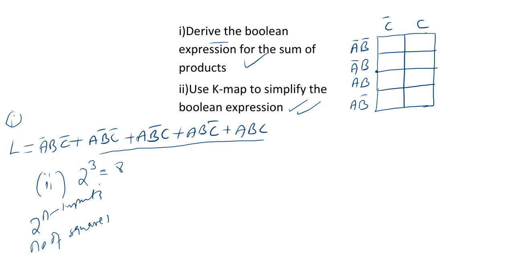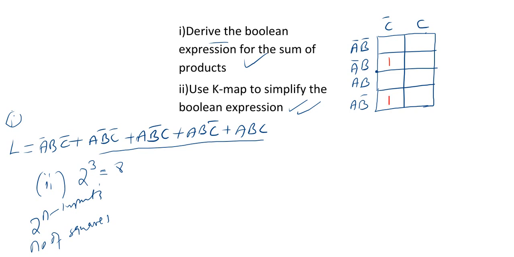Then the second expression, not A, not B, not C. So we look at that square. We have A, then not B. So A, not B, and not C.